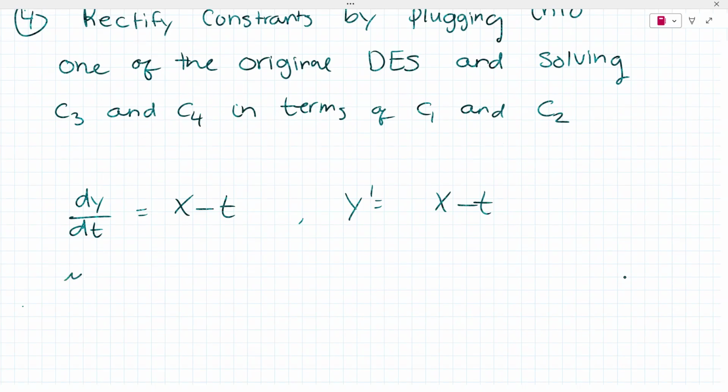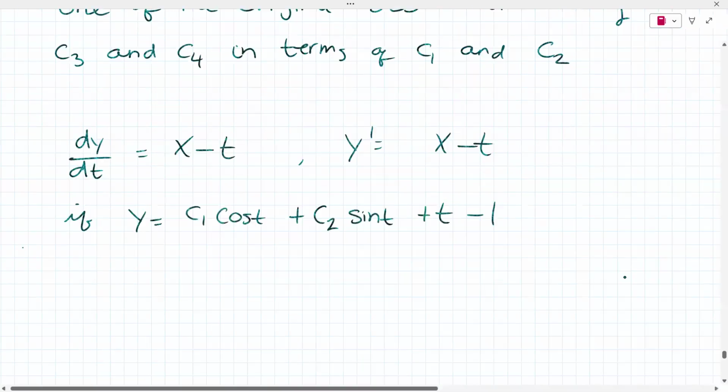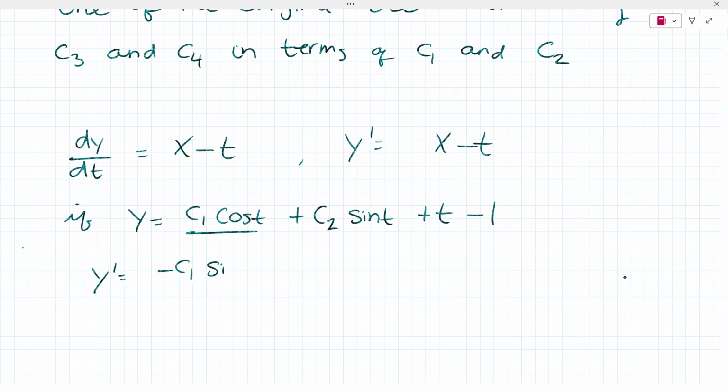And if y equals c1 cosine of t plus c2 sine of t plus t minus 1, then we must find y prime. So the derivative of this is negative c1 sine of t, and then the derivative of this is plus c2 cosine of t, and then the derivative of t is 1, and the derivative of negative 1 is 0.